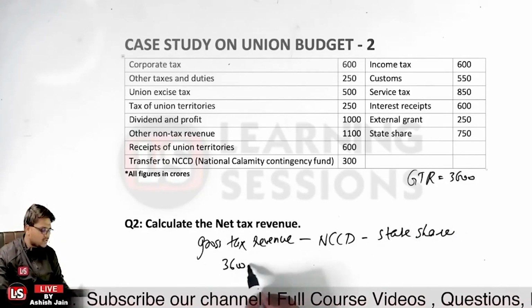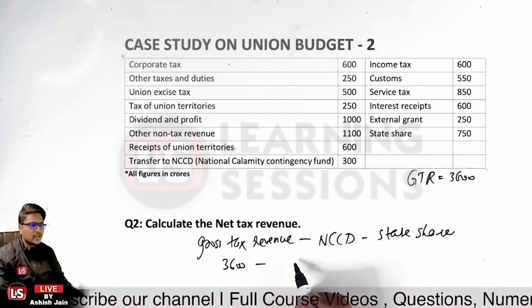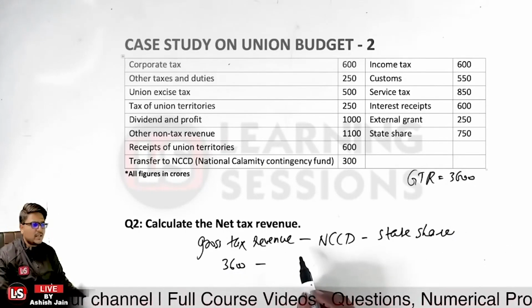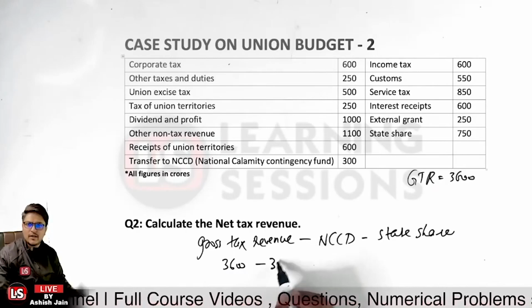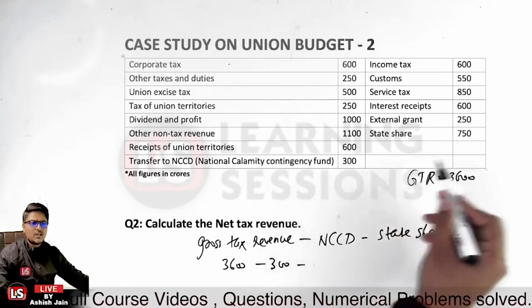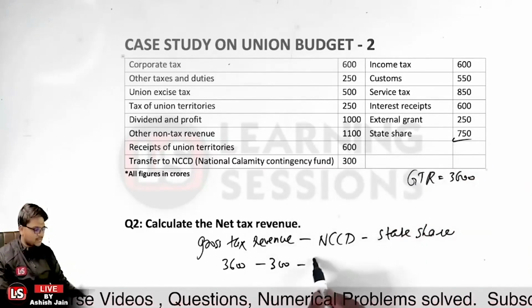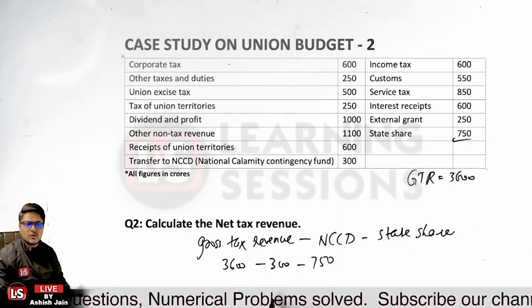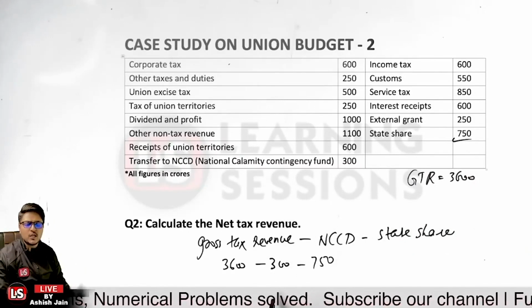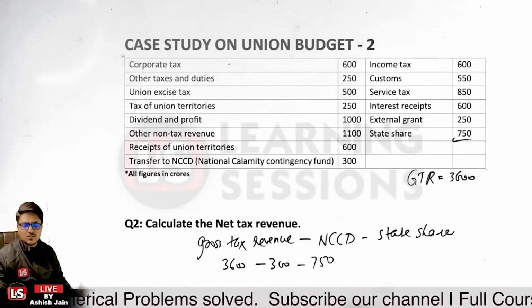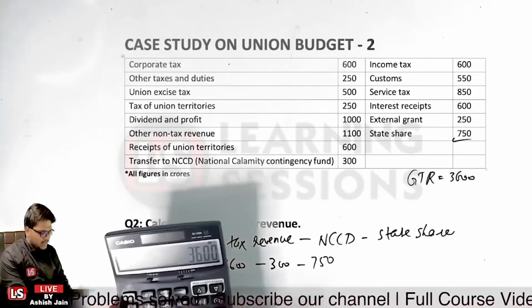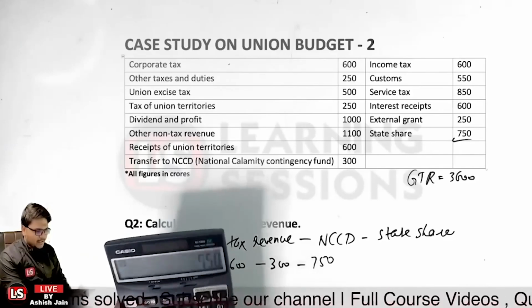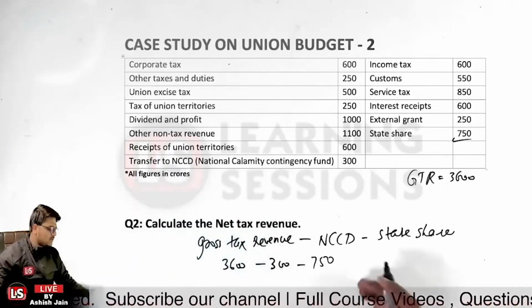So GTR is 3600, and for the NCCD, the National Calamity Contingency Fund, it is given to be 300, and minus the state share, it is given to be 750 over here. So that is to be subtracted in this particular case. What would be the answer? It is 3600 minus 300 minus 750, that is equal to 2550.